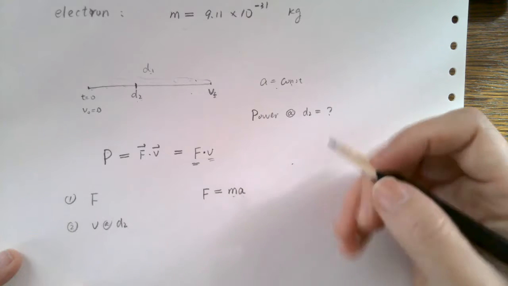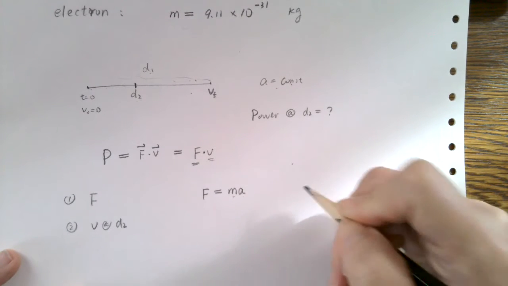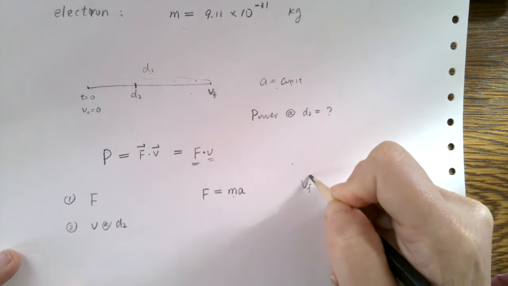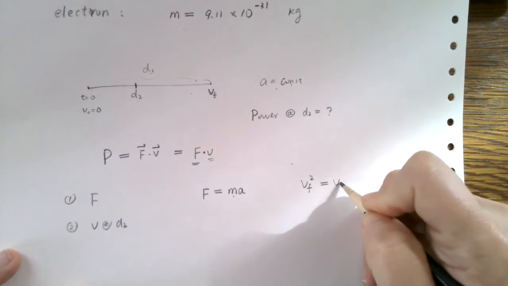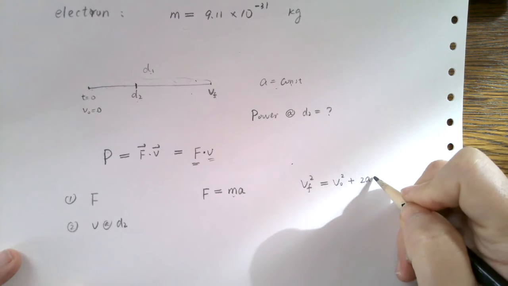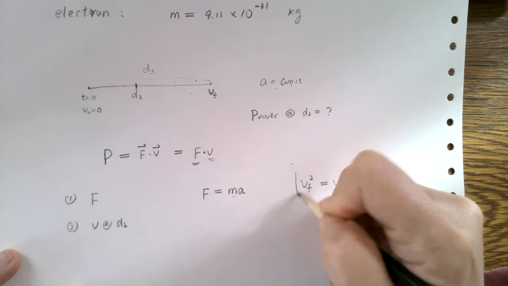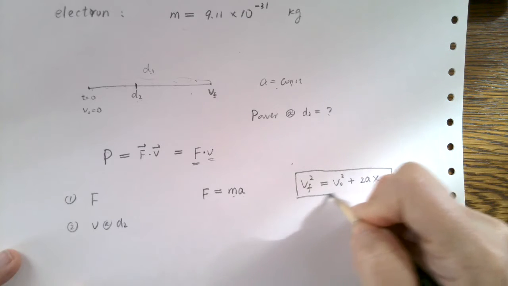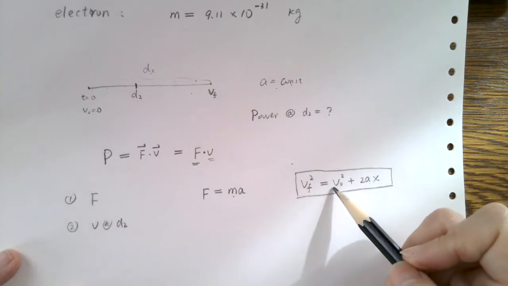So thinking about the formula for a constant uniform acceleration motion, v_f squared equals v sub 0 squared plus 2a delta x. This is the formula we had before. Now we plug the values we have into the formula.